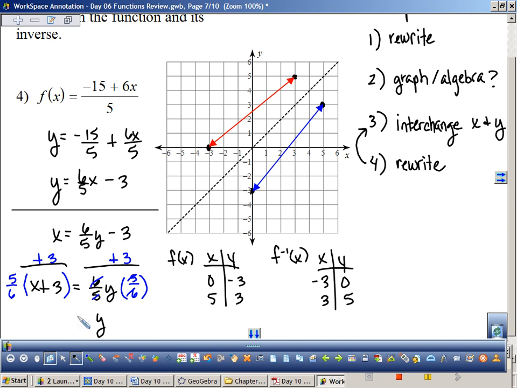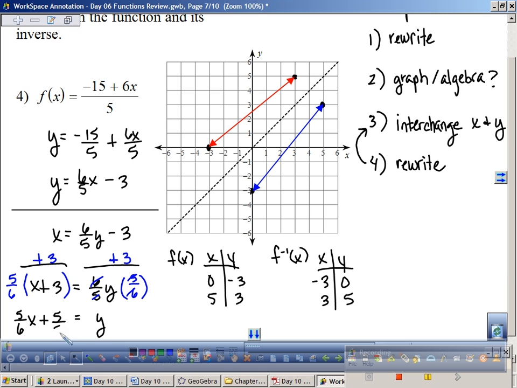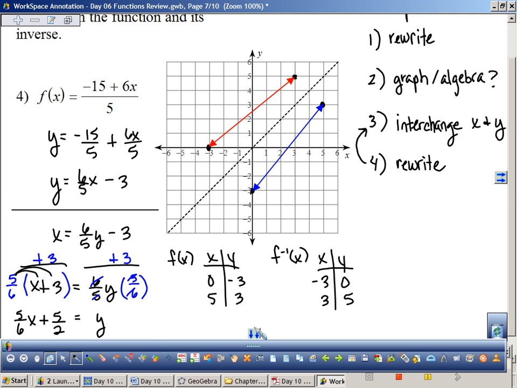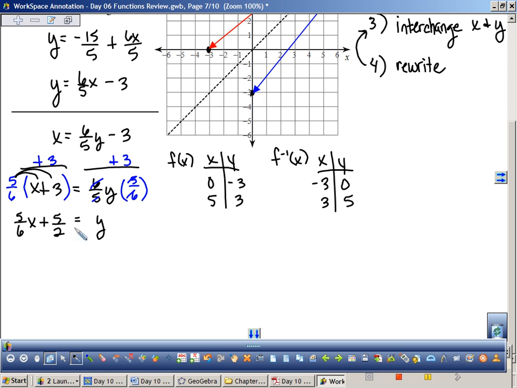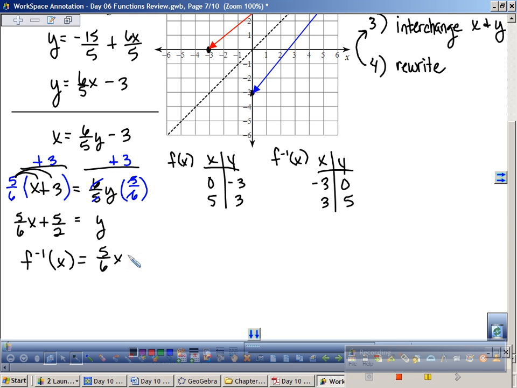And I'm left with y equals 5/6 x plus 5 over 2. Because when you distribute, the 6 goes away, it turns into a 2, right? So if I were to rewrite that, it would be the inverse function of x equals 5/6 x plus 5 halves.